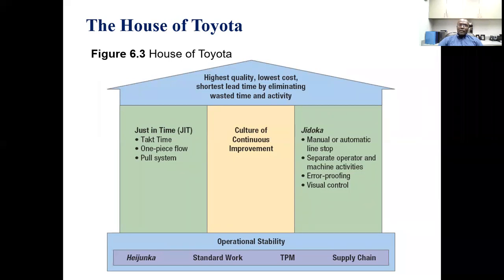That quality stems from what we have here. At its foundation, Toyota believes in looking at how do we sustain the stability of operations. How do we ensure that our employees and workstations have a uniform workload? How do we standardize the work that is performed at every step of the production process?